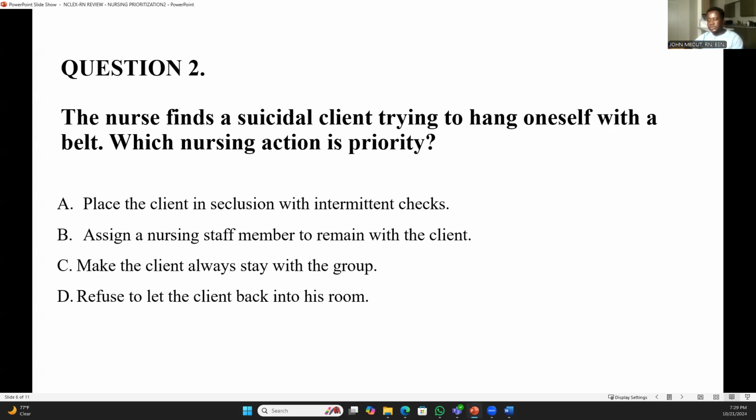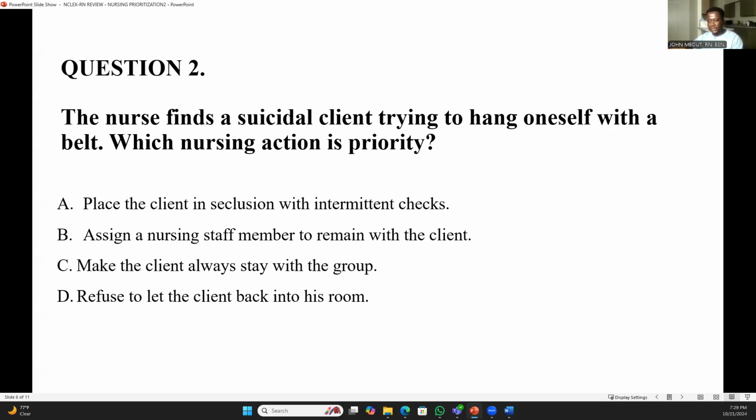Which nursing action is priority? Can you recall the rules we follow? You can use ABC, you can use Maslow's hierarchy, you can use the nursing process. Secondly, you look here, you see that it will be applicable to use Maslow's hierarchy of needs here.